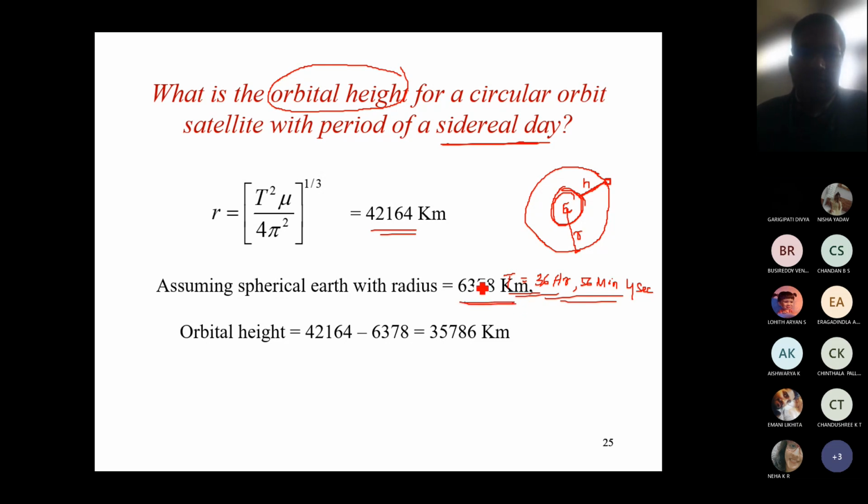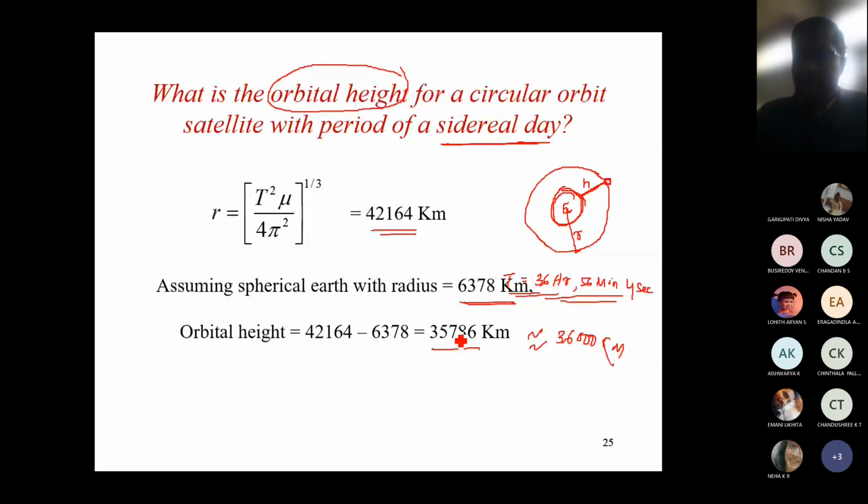Nobody is going to tell. So this is a fundamental question. What is the radius of the Earth? 6,378 kilometers. So if you subtract this value from the obtained R value, then you will get the orbital height. So orbital height is 35,786 kilometers, which we approximately call 36,000 kilometers. Okay, so the exact value is 35,786.